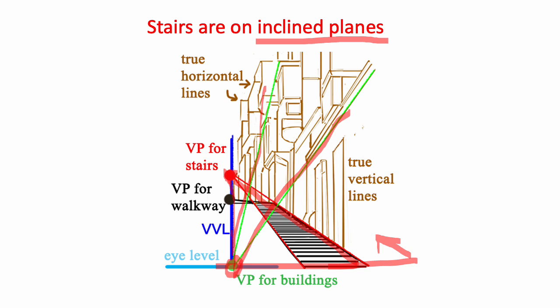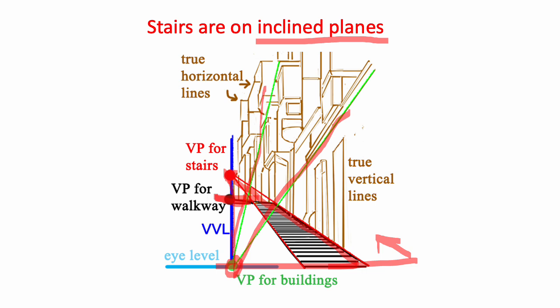The more these vanishing points are separated, the more dramatic the image and the steeper the hill. And this is easier to depict than a gentler slope like this walkway, which has a much smaller or shallower pitch, and so is difficult to see.